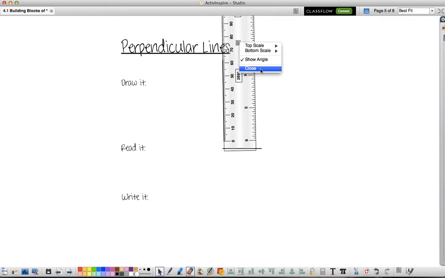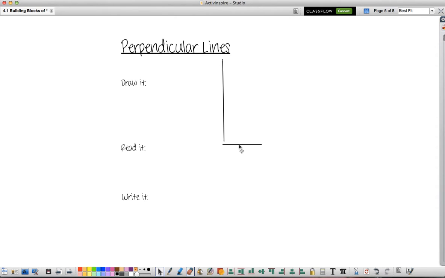And again, I'm doing the best I can on a computer program, but then here you know you have a 90-degree angle because you used the protractor to create it. However, I did make one before that is a nice 90-degree angle in all four corners.